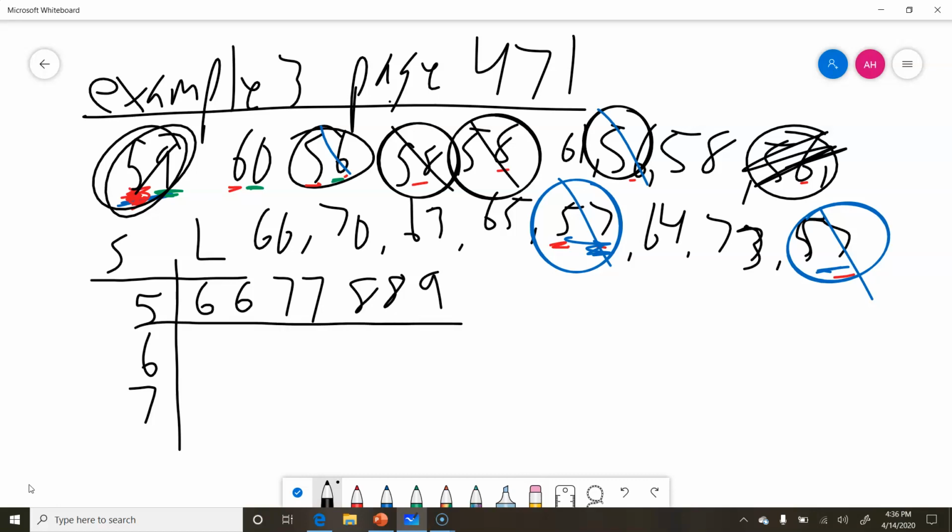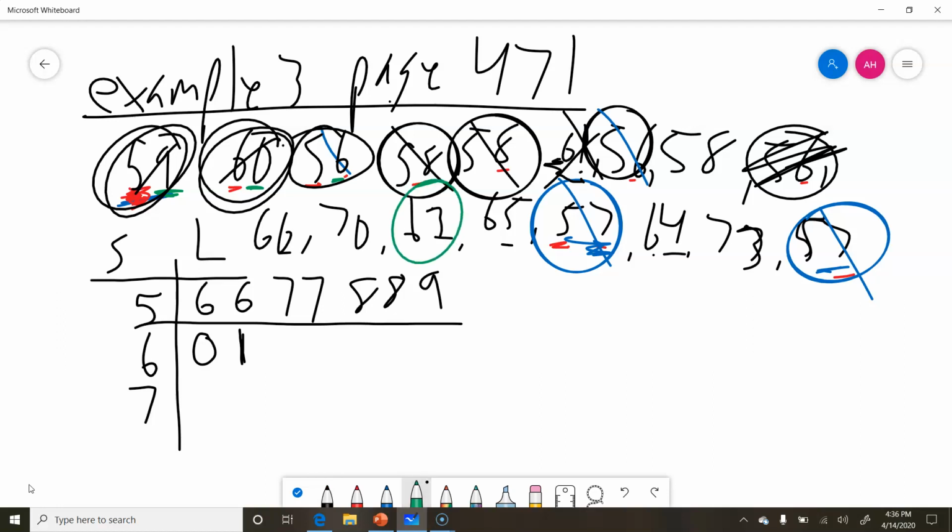Now I go down to 6s. Here's a 6, and it has a 0. So I can just put a 0. Here's a 60. Over here, this was a 61. So he's next, 61. Cross him out. Then I have a 64 and a 65 and a 63 and a 66. I start with the smallest, which is 63, and put him there.